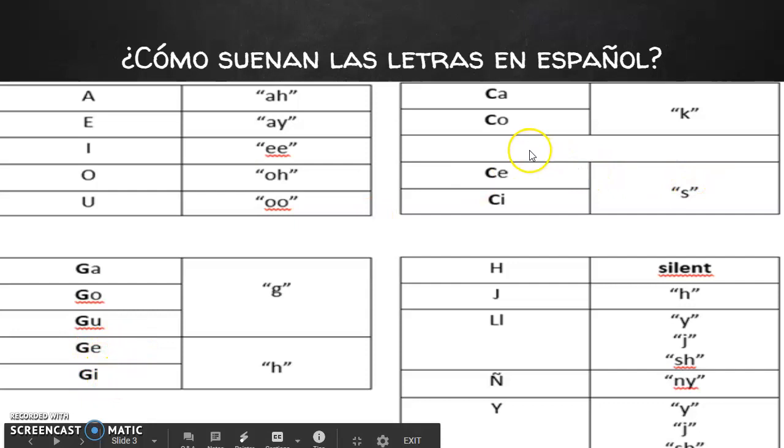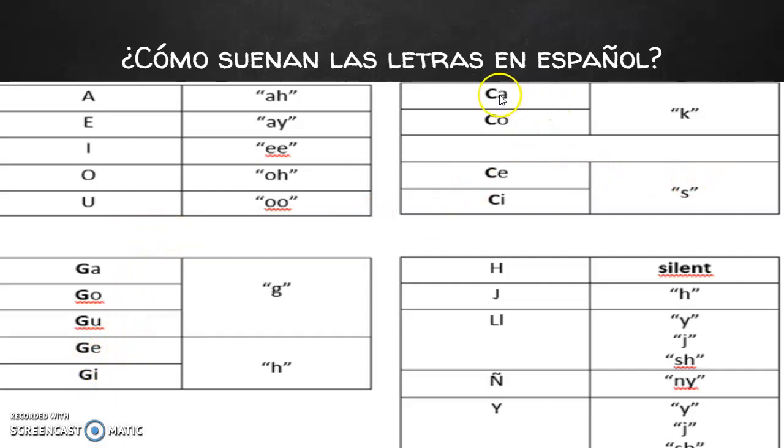Okay, wonderful. Now, very similar to the letter G, depending on the vowels that the letter C is paired up with, the letter C will make a specific sound. If the C was followed by an A or followed by an O, it will make a K sound. However, if the C is followed by an E or followed by an I, it is going to make an S sound. So, here, we're going to pronounce this. Let's practice.